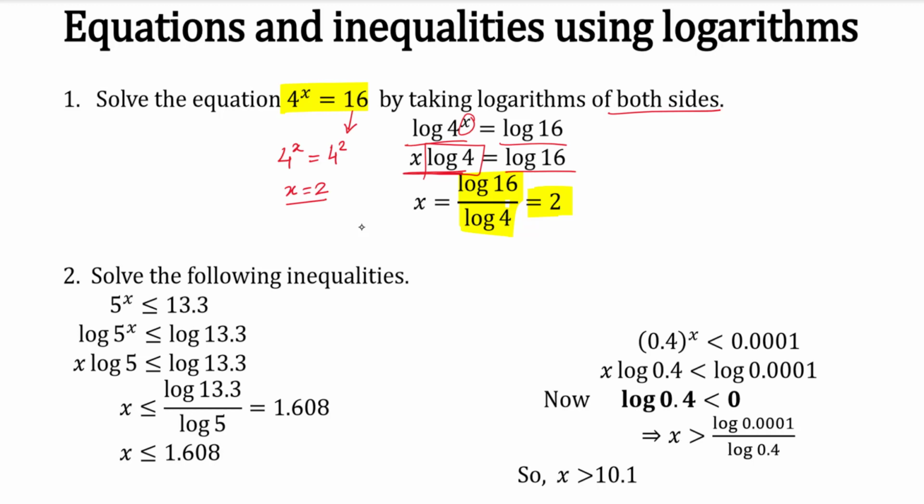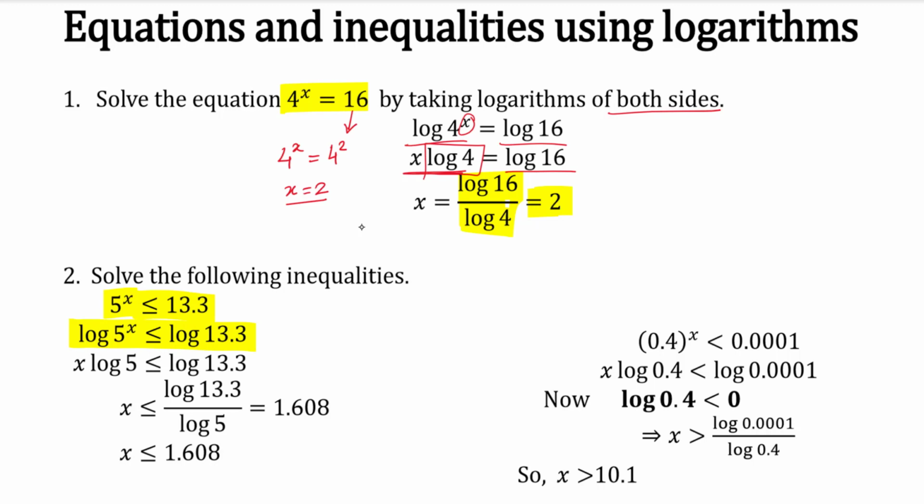The equation is sort of easy, but when it comes to inequalities there are some concepts we should know. First one, when it is 5 to the power x is less than 13.3, we can always take log or ln for that matter. It hardly matters which you are taking. We are going to take the log on both sides.